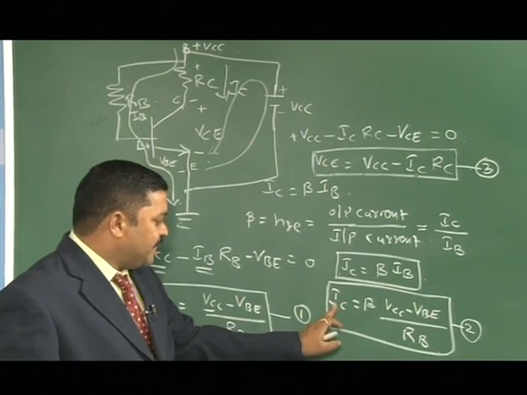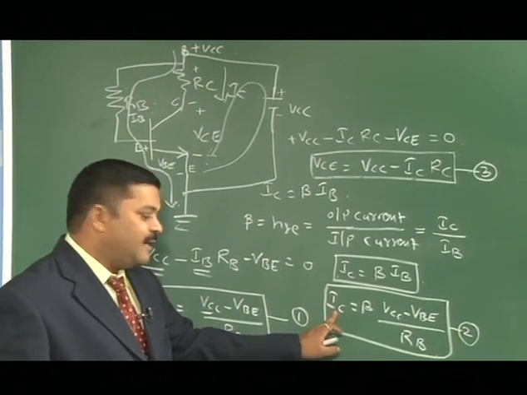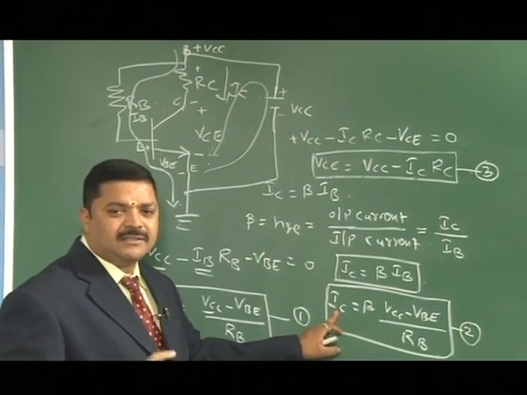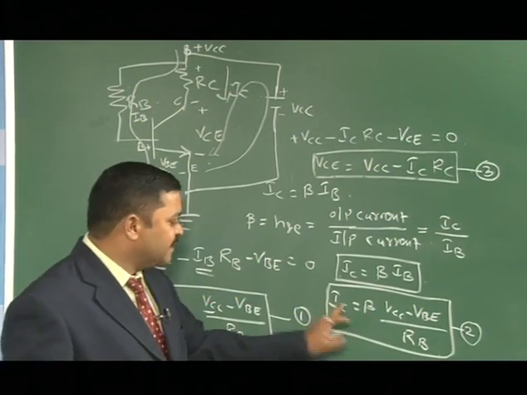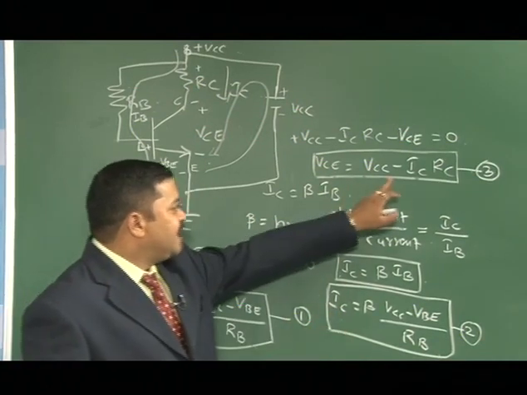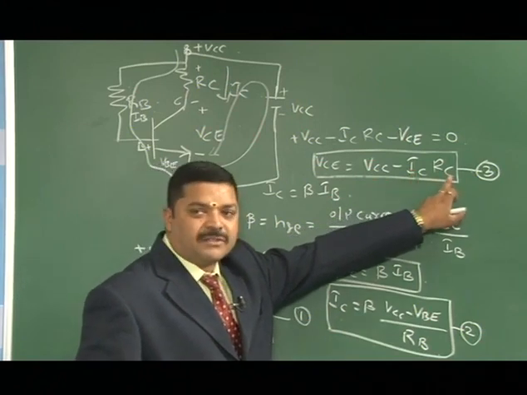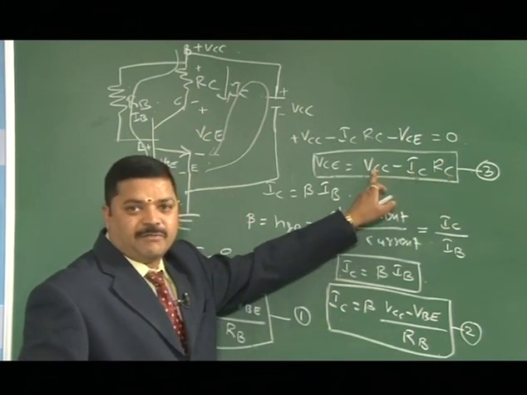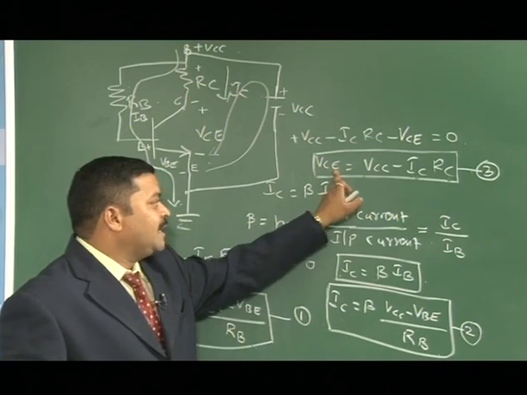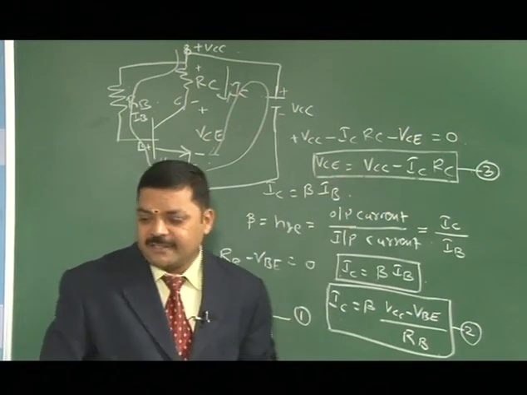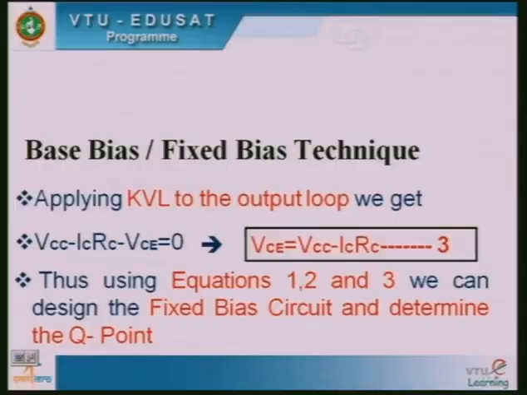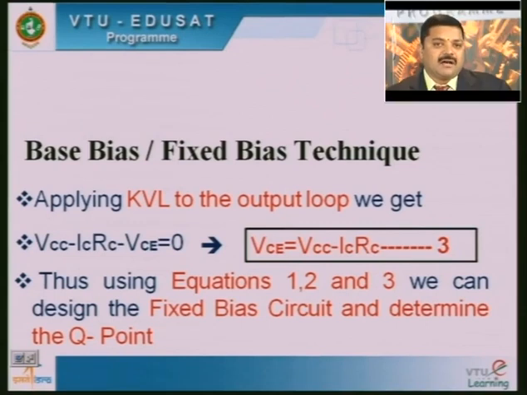As we have proved from equation 2, IC is constant. Maybe some small variation, but it is constant. Now, since IC is constant, RC is a fixed value, VCC is a fixed value, therefore, VCE is also fixed. Therefore, IC and VCE both are fixed. Therefore, we achieve a constant or stable operating point at the center of the active region, which will not be affected.